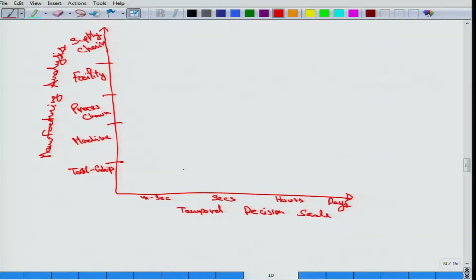At this point it is known as process control, and the planning actually comes into play at this point. It is micro planning.